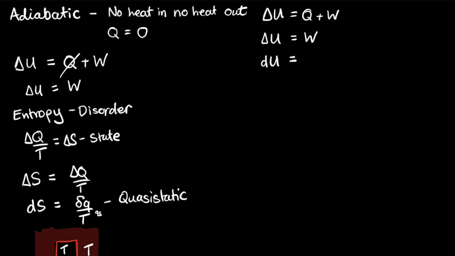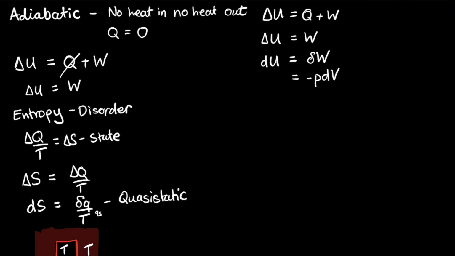So dU, a tiny infinitesimal change in internal energy, is equal to dW. But what is dW? Well, dW is just minus P dV, a relation we used quite a fair bit in the last video. So we get that dU equals minus P dV.